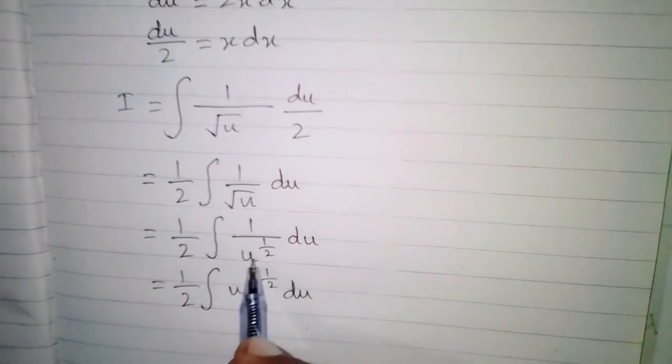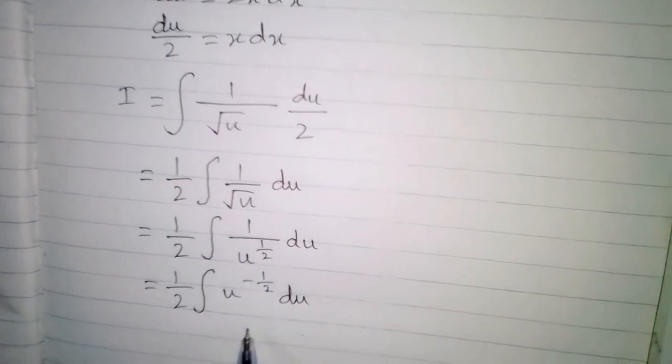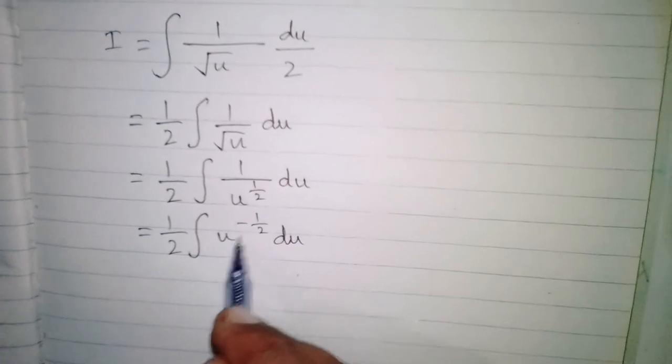If we take this u to the top, then this power will become negative, so we will have u to the power minus half.